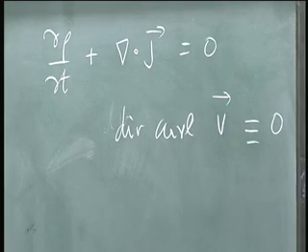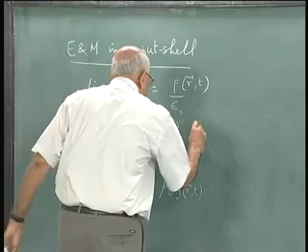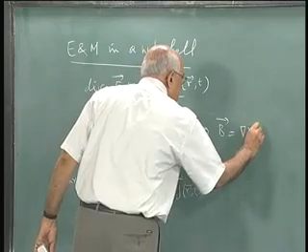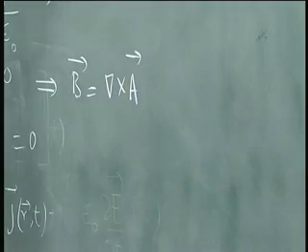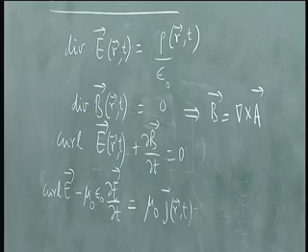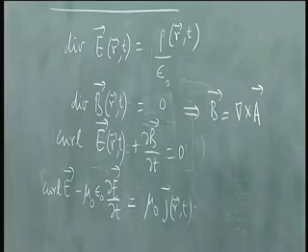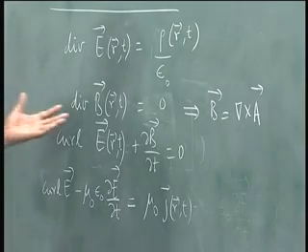And therefore this equation implies immediately that B can always be expressed as the curl of another vector field A. You have exchanged your ignorance of B for your ignorance of A, but at least you have exhausted the contents of this equation.